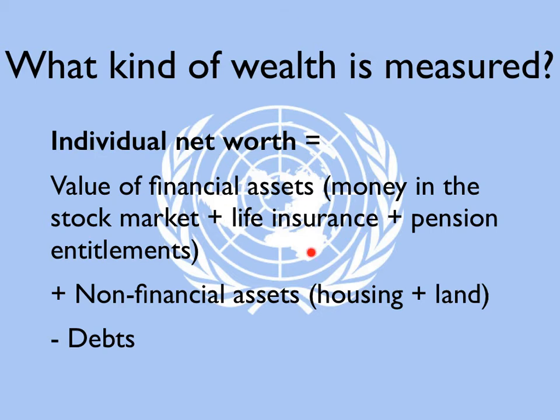Some of us have life insurance, so this is also an asset in case something happens to us. Our relatives will get money, so this is considered a financial asset. And as you can see, pension entitlements. So as you work, you gather the right to having money when you retire. So this is also calculated as financial assets.